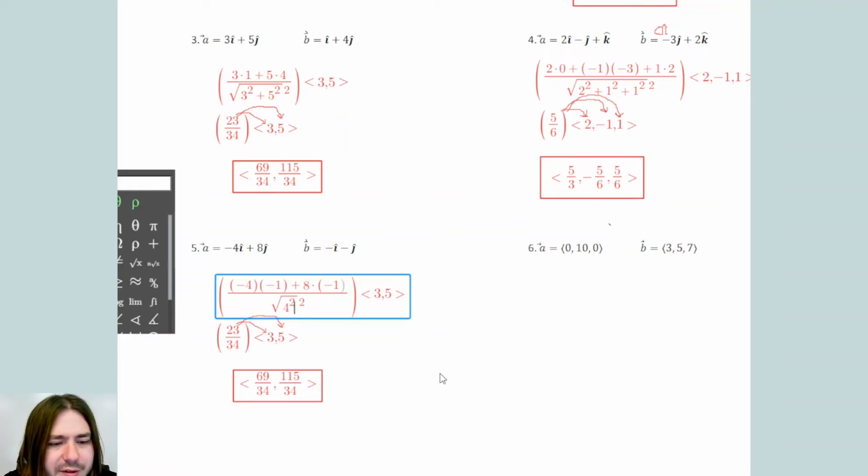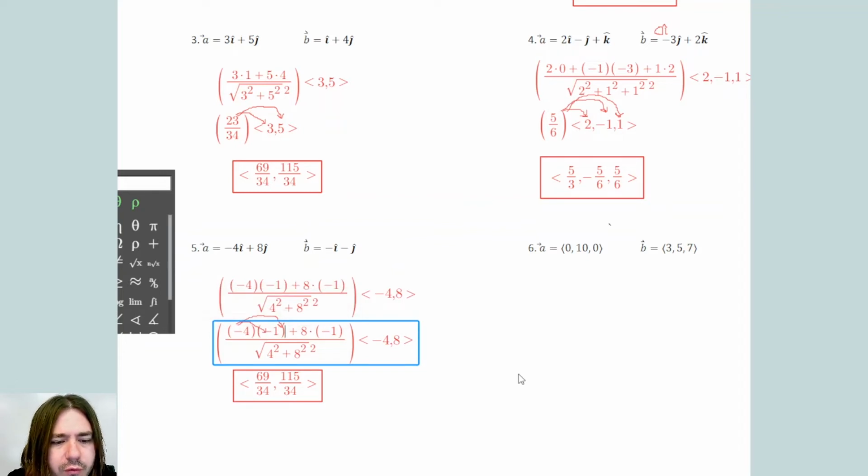When you square it, it doesn't really matter if it's positive or negative, plus 8 squared. And then the vector we're projecting onto is right here, -4, 8. So let's go ahead and simplify all this.